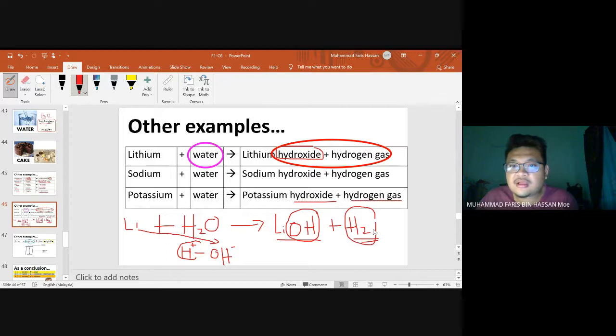We have to balance this equation, but I don't want to balance it because you are going to learn this in Form 4 chemistry. I just want to give you the answer why water forms hydroxide.